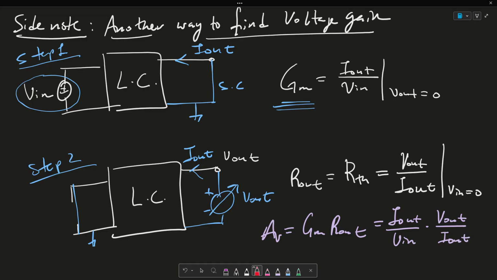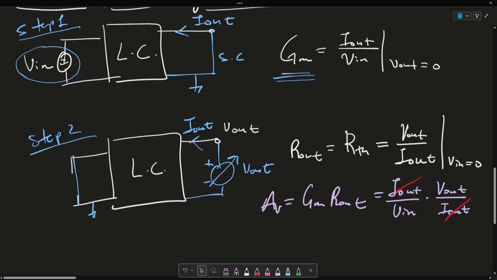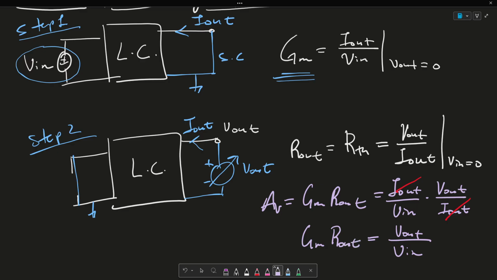So then now my I outs cancel out, and I am left with Vout over Vin. And in most circuitry, you could use this equation. You could find your Gm and your R out to get your voltage gain, or your transconductance and your R out to find your voltage gain.